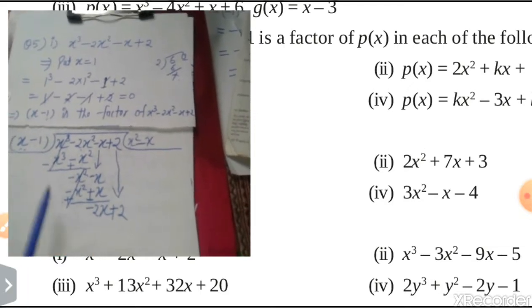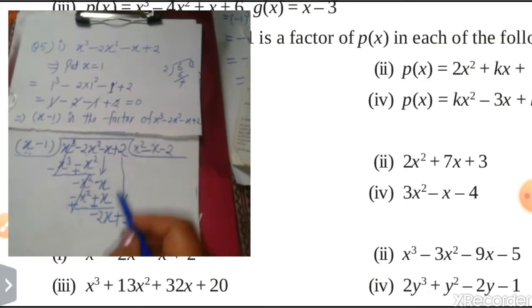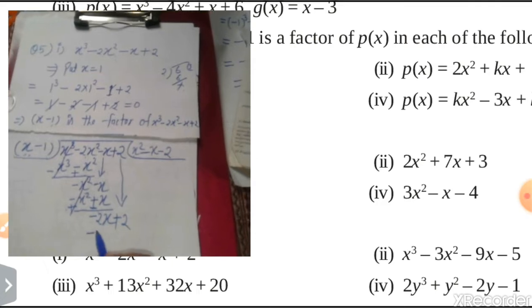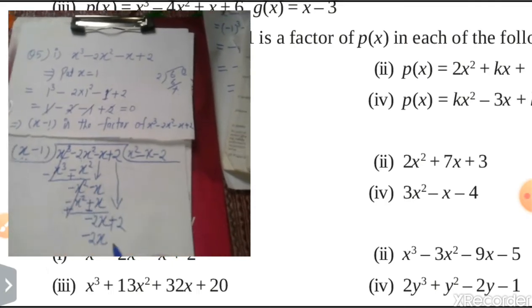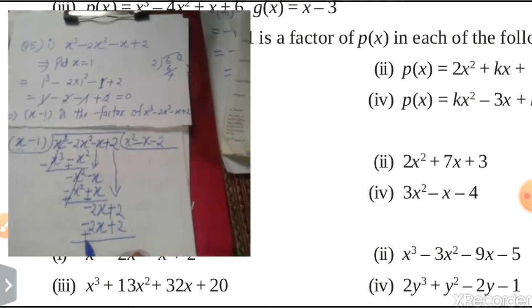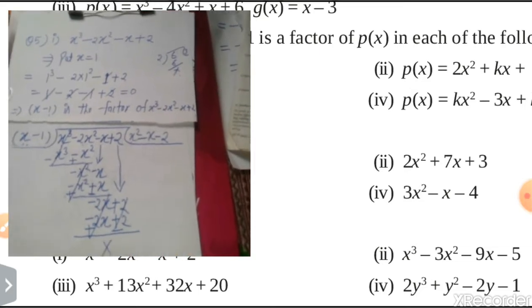First I require minus, so I will write minus 2 here. Then we multiply x by minus 2 and find minus 2x, and minus 2 multiplied by 1 gives plus 2. Now again we subtract it, and it will be plus, it will be minus, these cancel each other, and you can see that the remainder is 0.